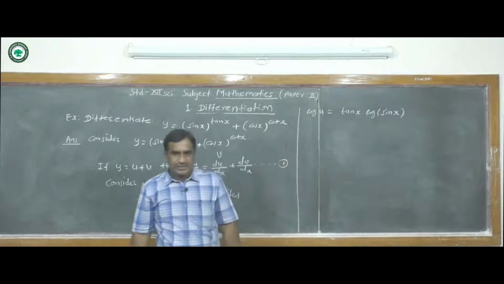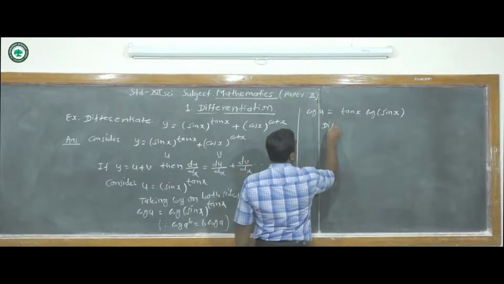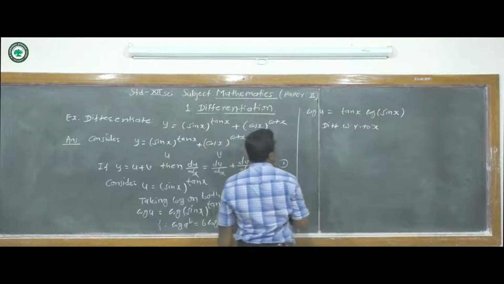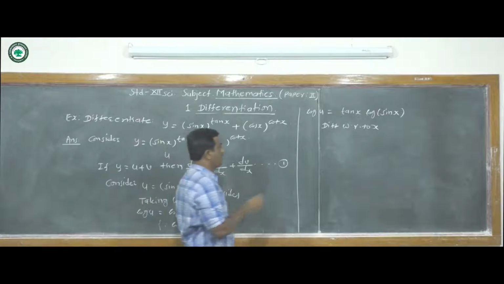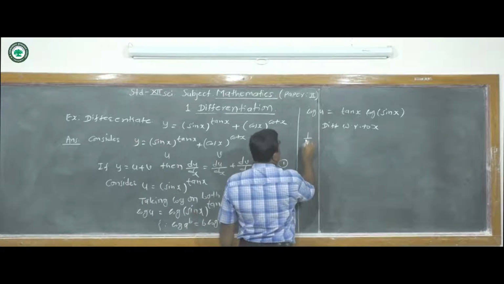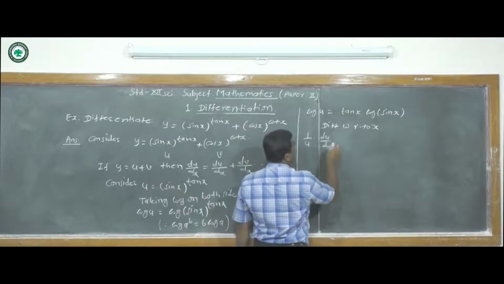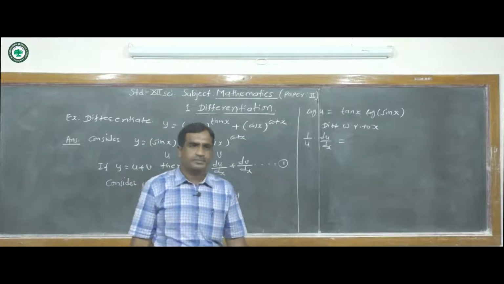Now we differentiate this equation with respect to x. Therefore, the derivative of log u with respect to x is, by using the composite rule, 1 upon u into du by dx equal to, for the RHS we can use the product rule.